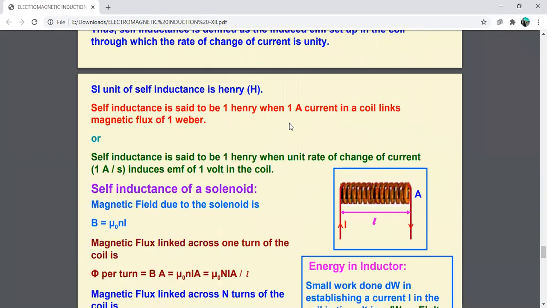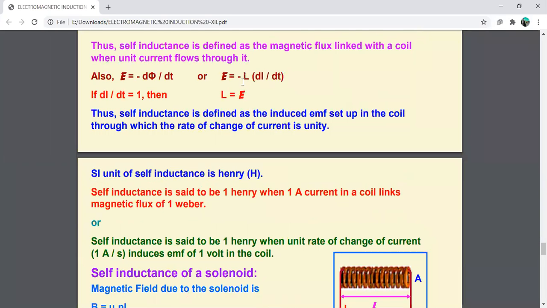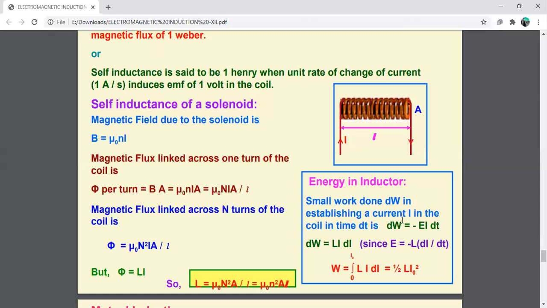From here you can see E equals minus L into dI by dt. So you place here in place of E minus L into dI by dt. So dt will get cancelled out and you will have L into I into dI.